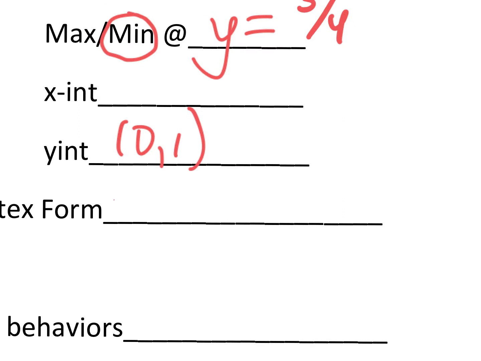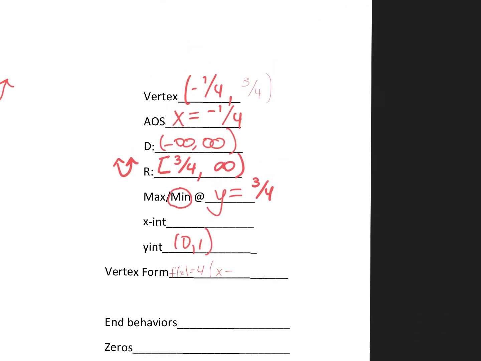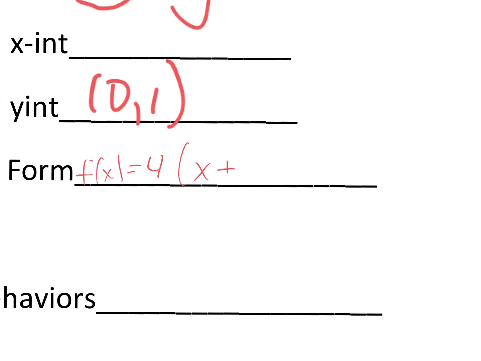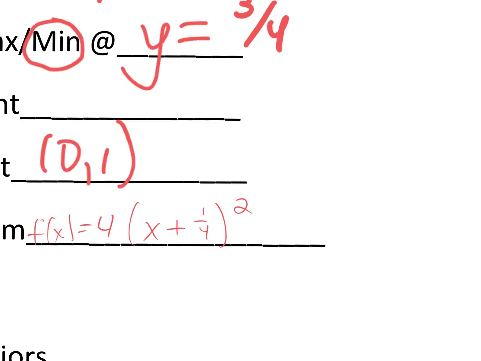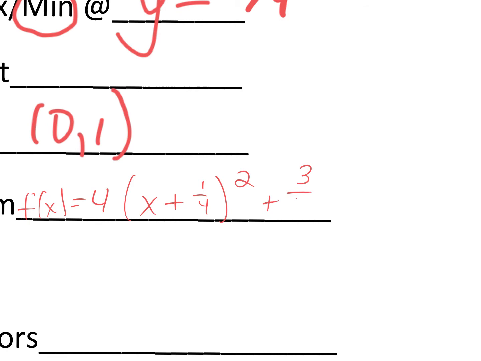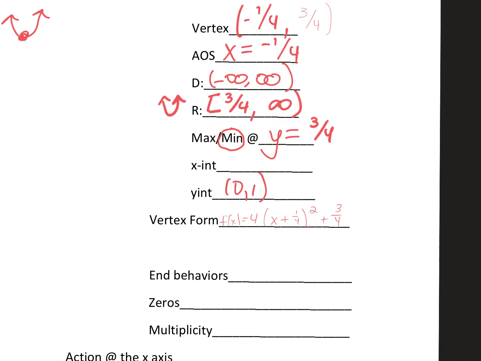So you have f of x equals, my a term is 4. So it's x minus, what is the x part? 1/4, so minus the negative is plus 1/4 squared plus 3 over 4. There's your vertex form. So we have answered 95% of the questions by just really and truly finding the vertex. That tells you a lot of information.